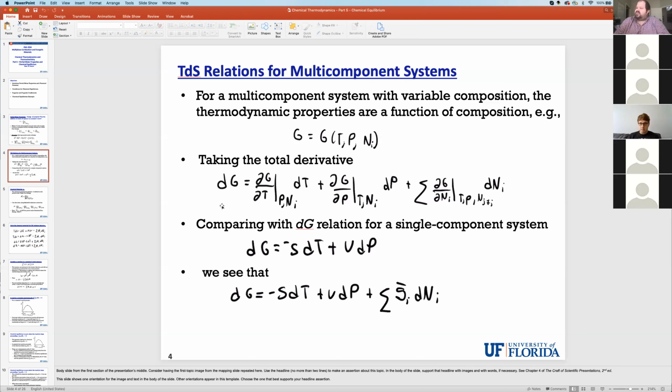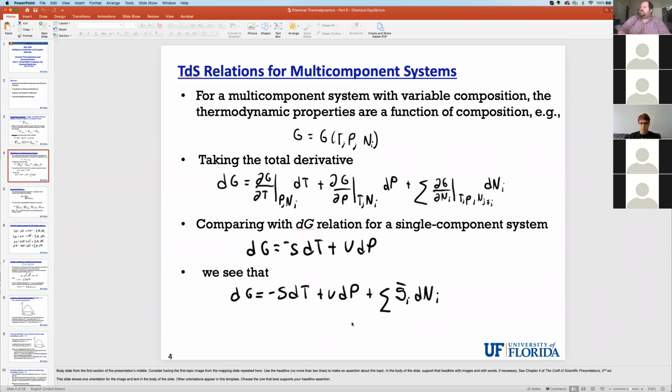We compare this expression with the dg relation for a single component system, where dg was equal to minus sdT plus vdP. Comparing these two, this term is just the entropy, and this term is just the volume.